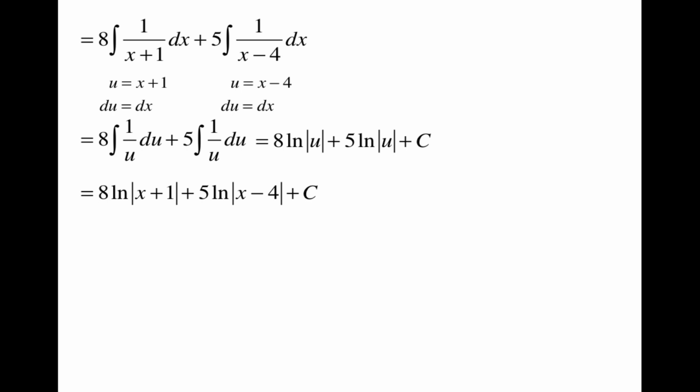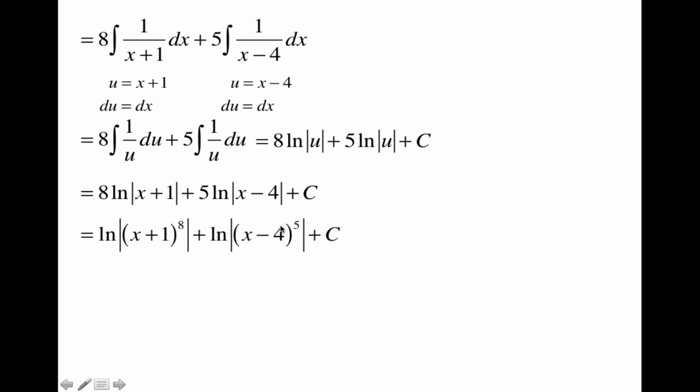But sometimes you would be given a multiple choice question, and this would not be your answer choice. So usually when that happens, you're going to have to use some log properties to simplify it to your answer choice. So we can use the power property of logs by bringing the 8 over and the 5 over.